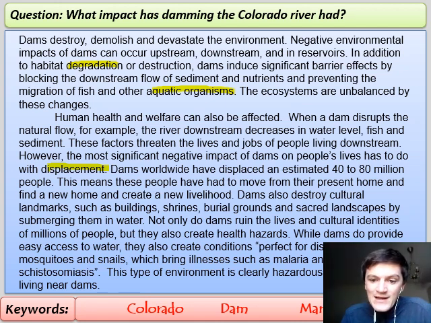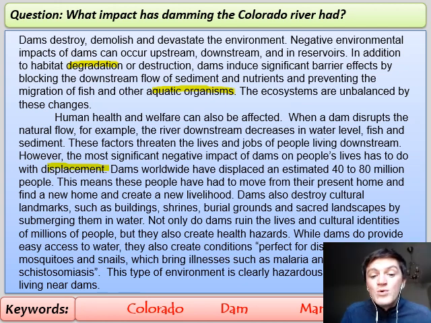Not only do dams ruin the lives and cultural identities of millions of people, but they also create health hazards. While dams provide easy to access water, they create conditions for disease carrying mosquitoes and snails, which can bring illnesses such as malaria. Okay, this type of environment is clearly hazardous to live near.